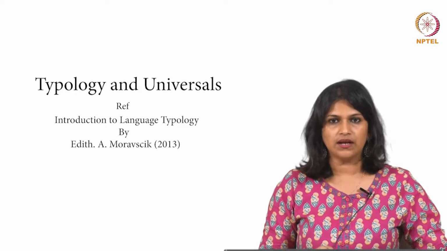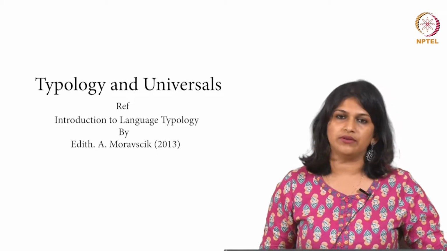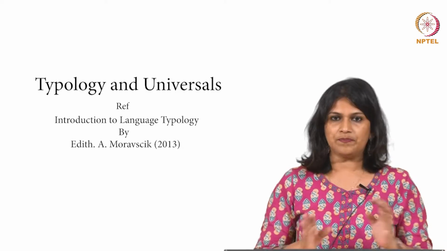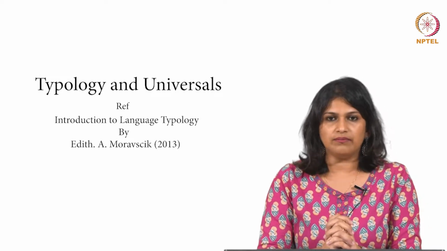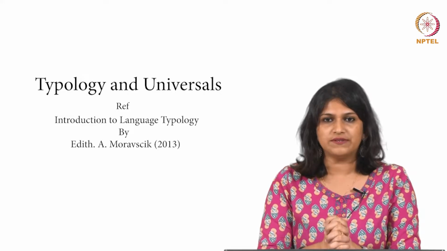On that note, we are going to understand universals first, and once we get an idea about the universals, we can move to the relation between typology and universals. On the surface, you might feel that typology and universals are diametrically opposite.